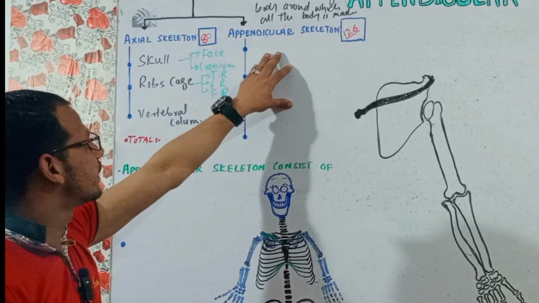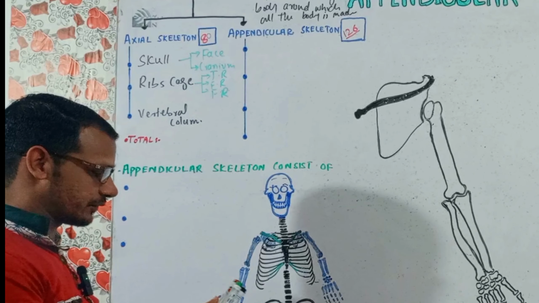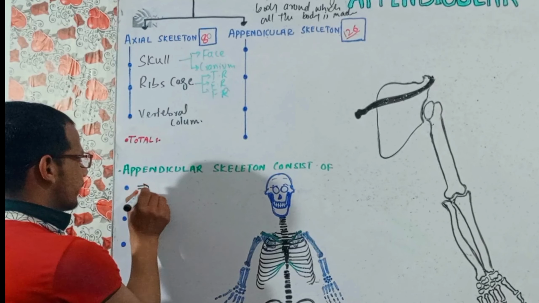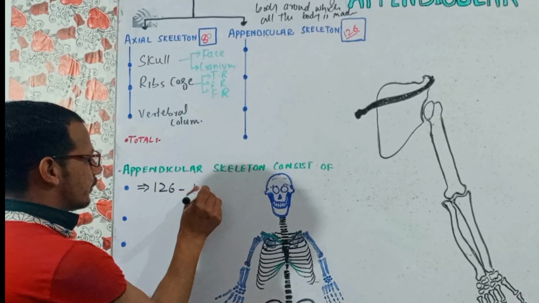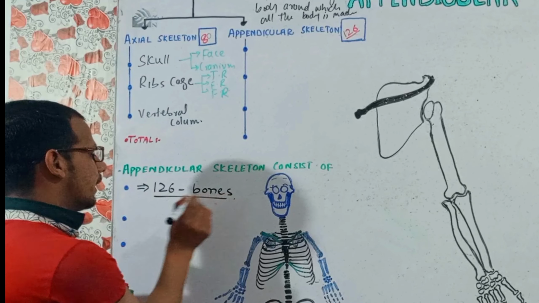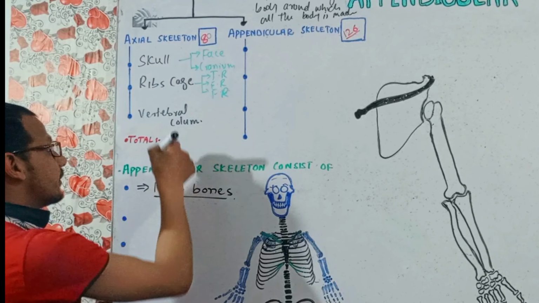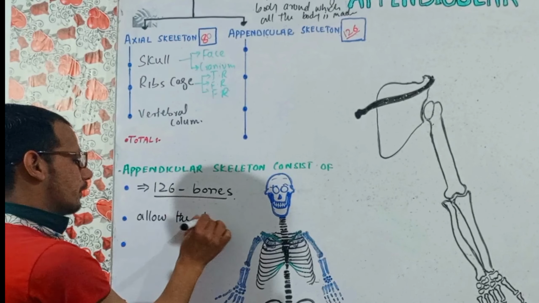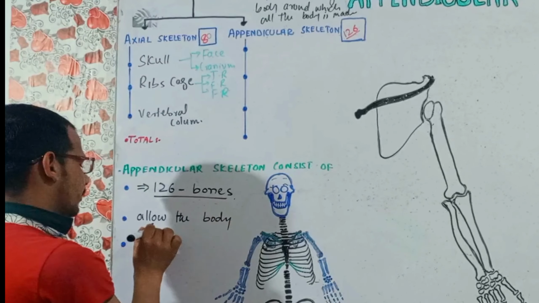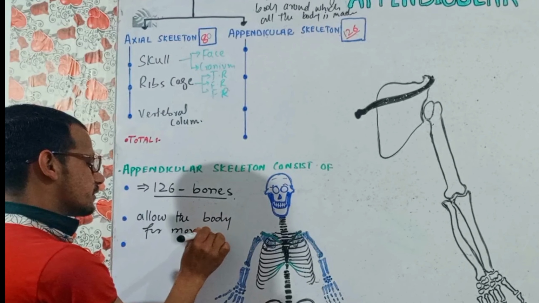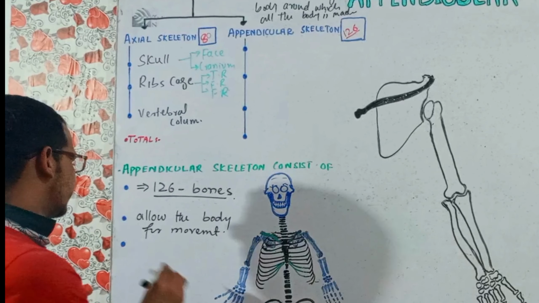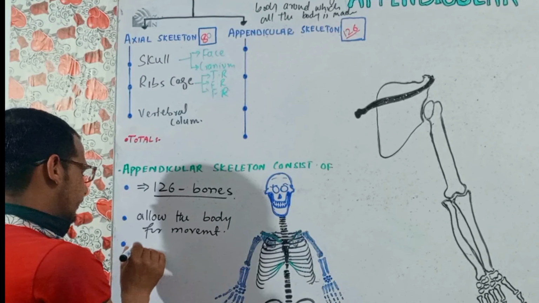The appendicular skeleton is the skeleton which consists of 126 bones. This appendicular skeleton allows the body movements, because these are the bones which are suspended from the axial skeleton.